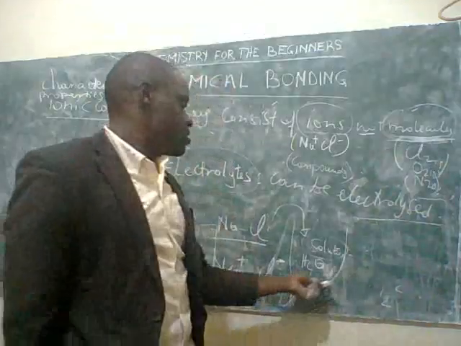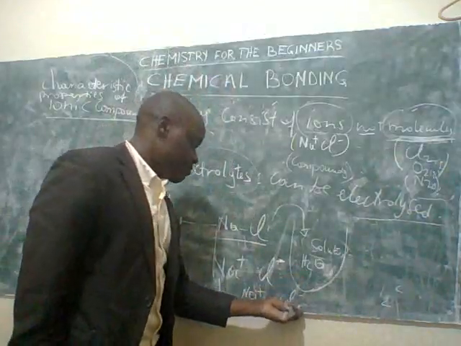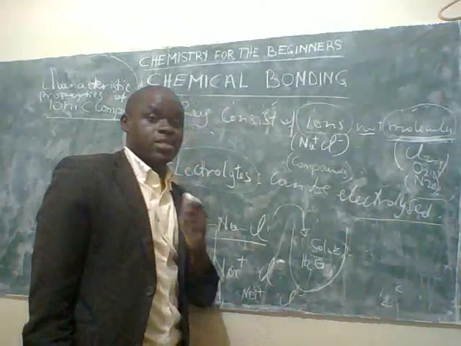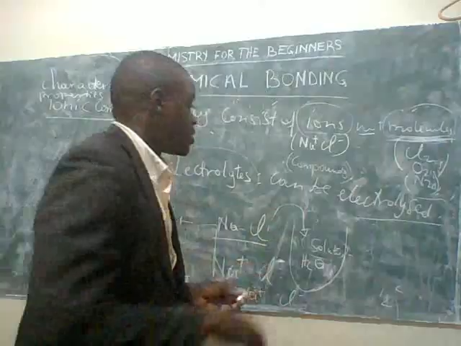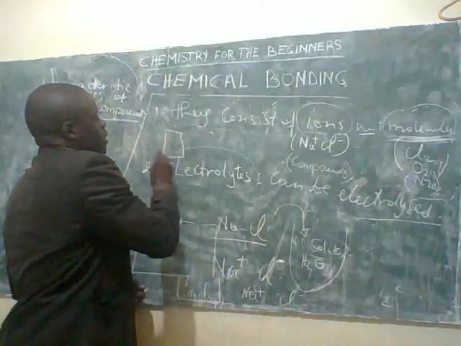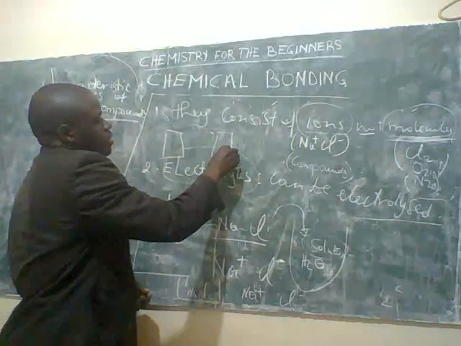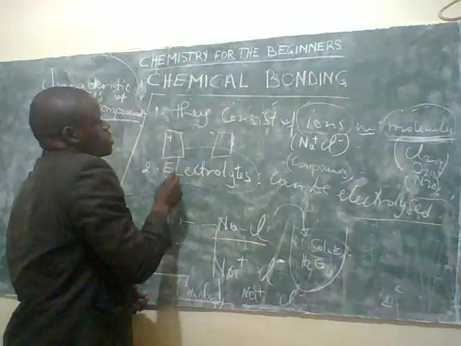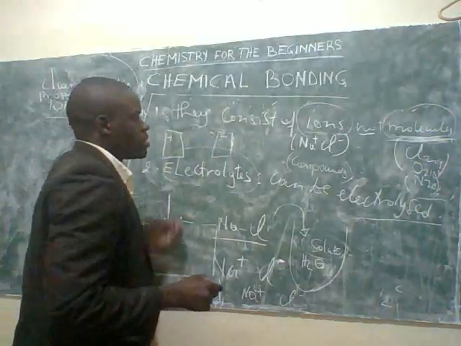But if you put it into this solution, you will see the ions separating themselves because they put two bars, one which accepts positives and one which accepts negatives.